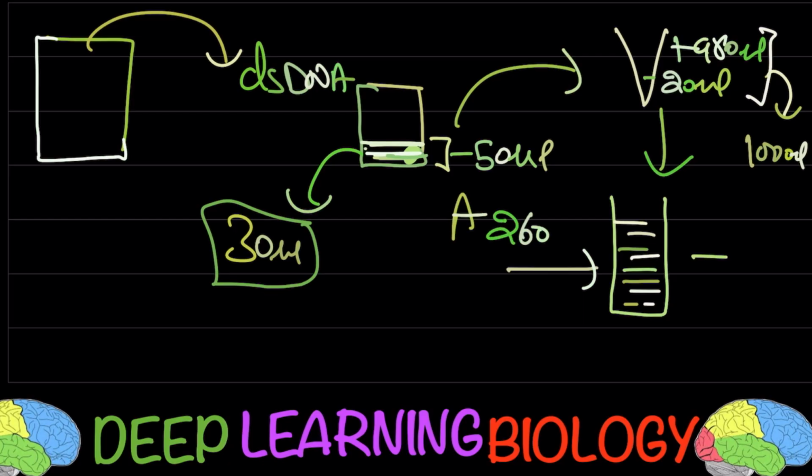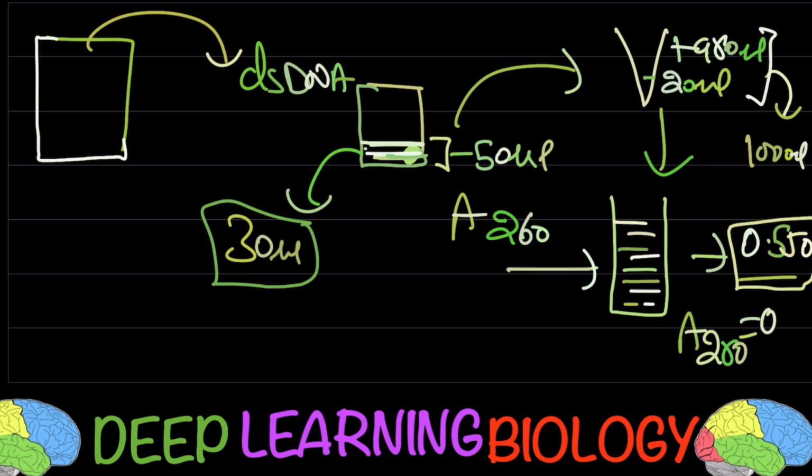What you find? The answer 0.55. Spectrophotometric readings were showing the absorbance at 260 as 0.550, and absorbance at 280 as 0.324. Now you have to calculate the concentration here, how much total DNA was purified, and you have to comment on the purity of DNA.